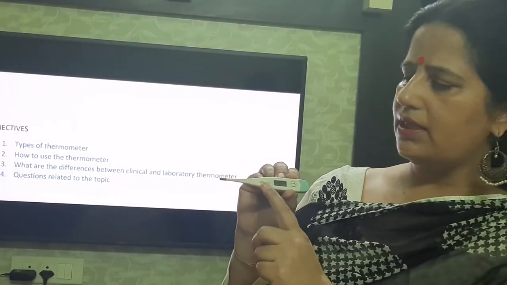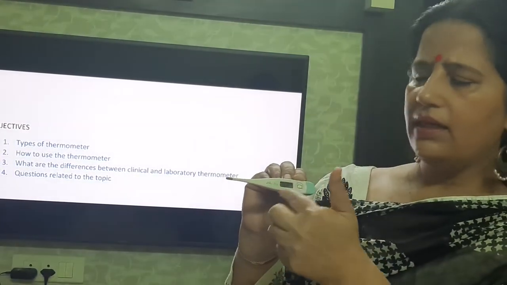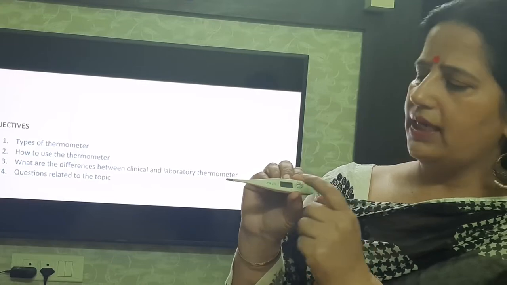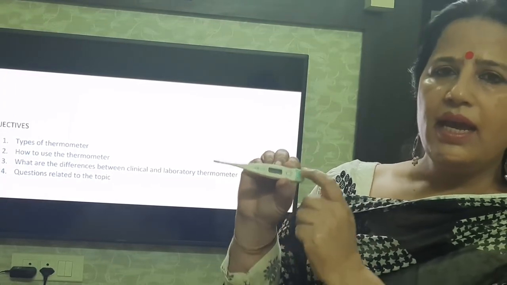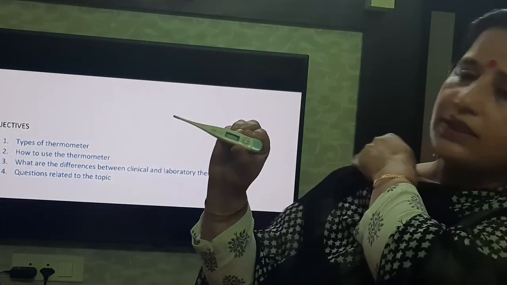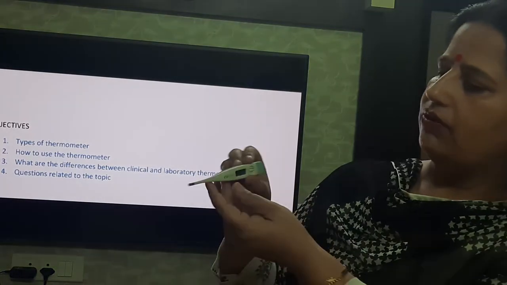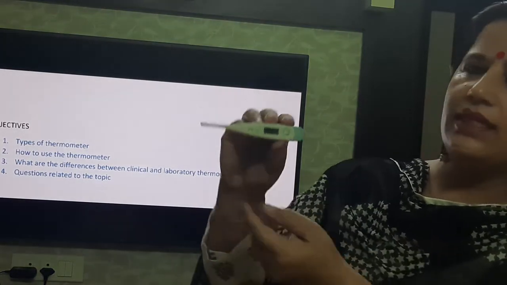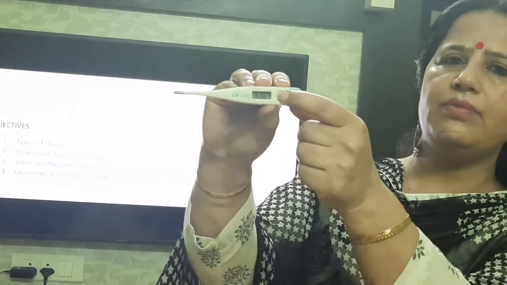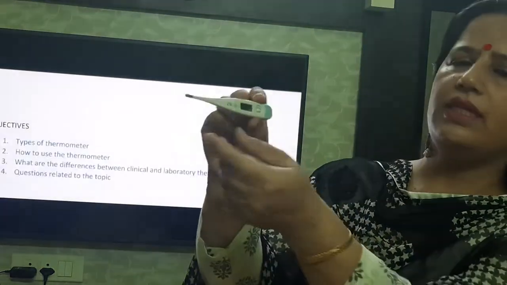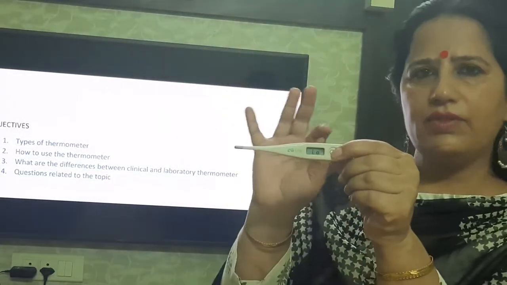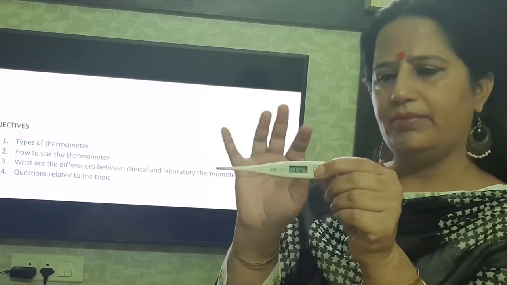It has a thermistor inbuilt here, which can note the temperature, and the reading will be displayed on this screen, and you will get the accurate reading. Here you can see that it is giving some reading. If we use it for a patient, then it will give the exact value of that temperature.